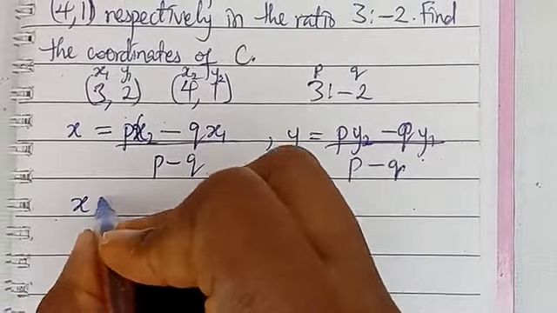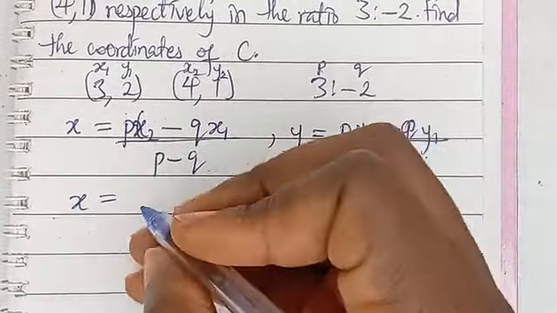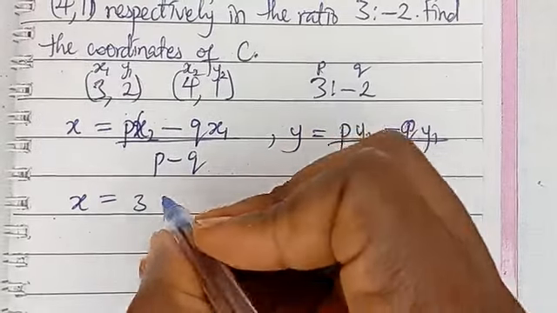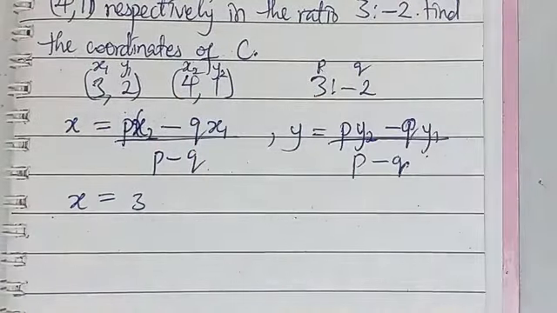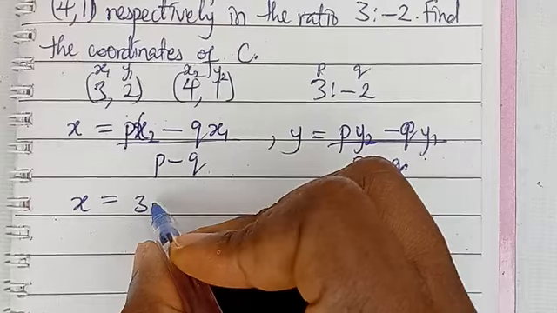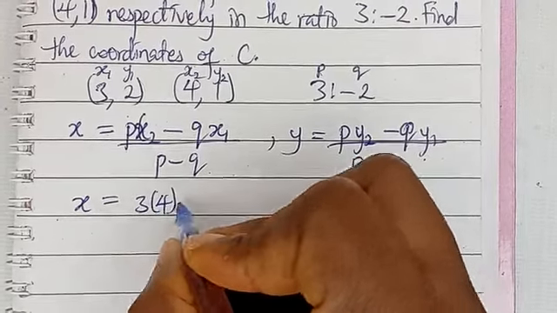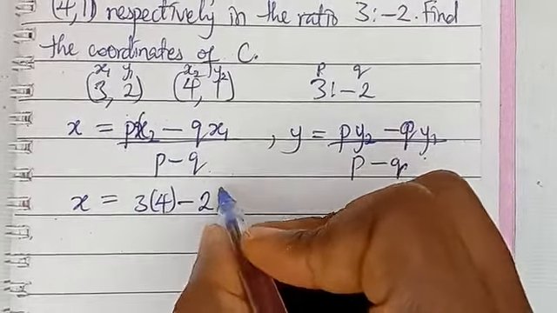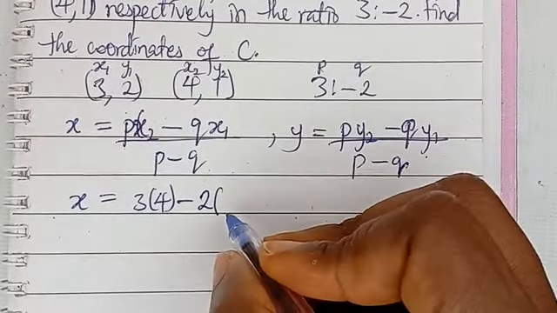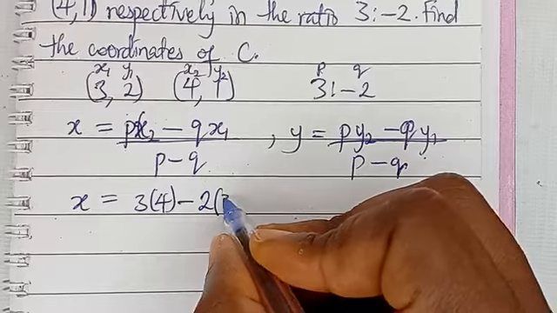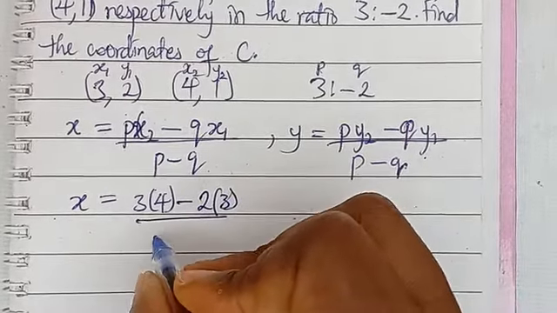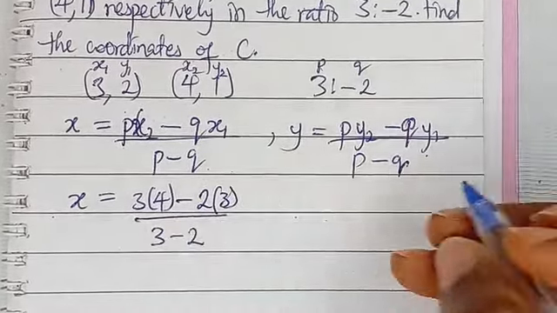We have the x coordinate is equal to, P is represented by 3, x2 is represented by 4, minus 2, x1 is represented by 3, over 3 minus 2.